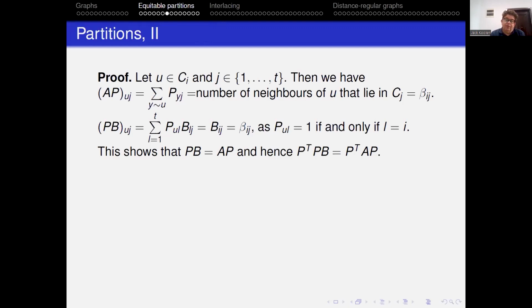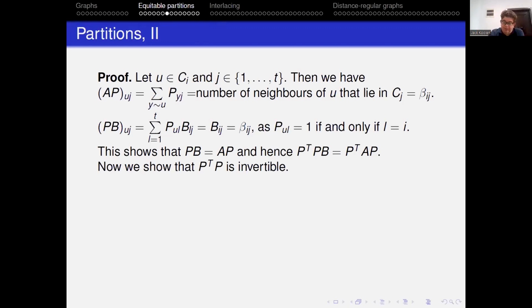And that is because u lies in Ci, so that is B_ij only, and that is the same thing as beta ij, as P_ul is 1 if and only if l is i, and otherwise it's 0. So this shows that PB is AP, and hence we can add a P transpose in front of both, yes? Then that is what we get there.